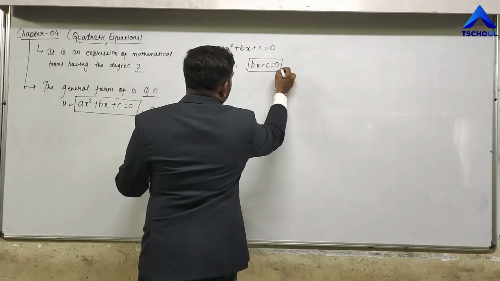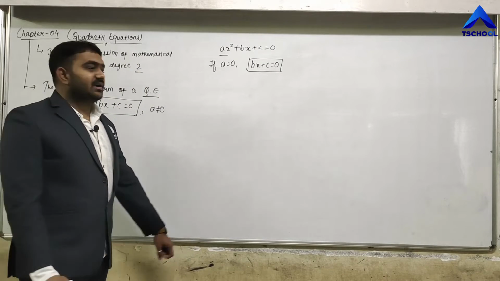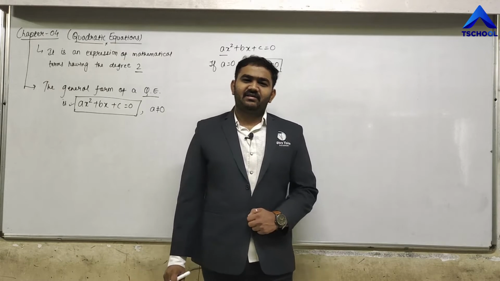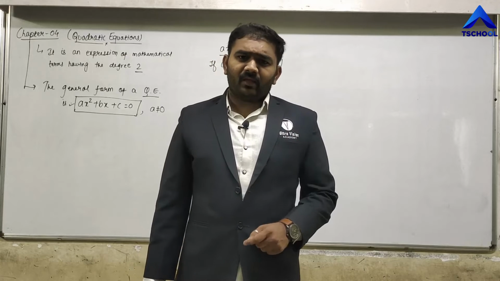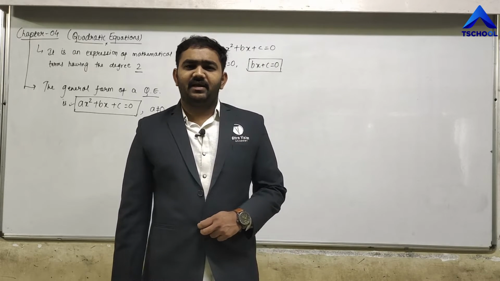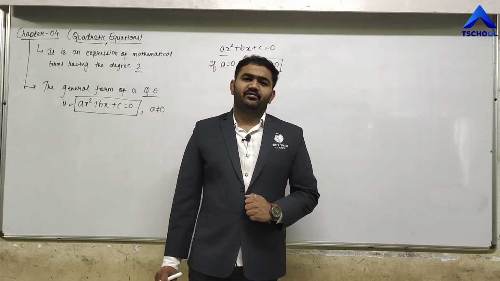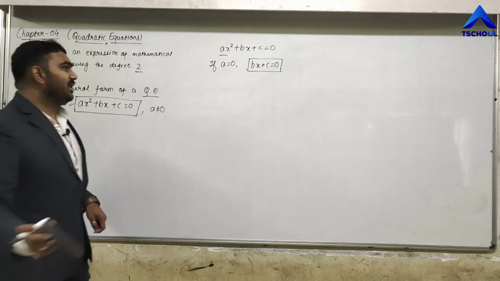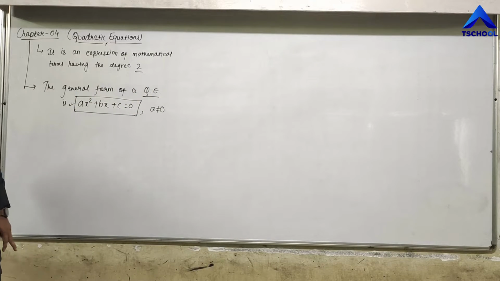This is no longer a quadratic equation, but has now become a linear equation, right? Because there is only one variable present here and that has a degree 1 or power 1. So a quadratic equation will always have its coefficient of x square as a non-zero constant, right? You might well note that. So that has become the general form of an equation.